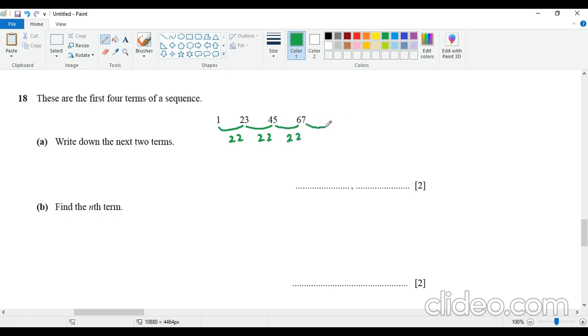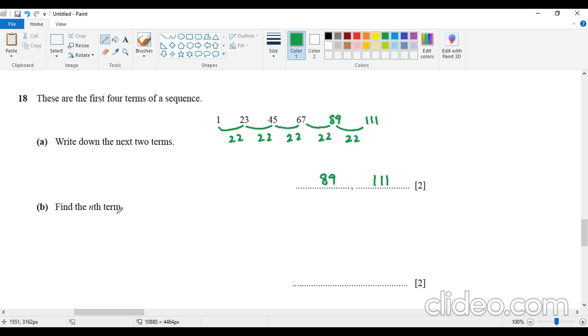So adding 22 to this is going to give us 89. Adding a further 22 gives us 111. So these are the two next terms, which is not difficult to find out.